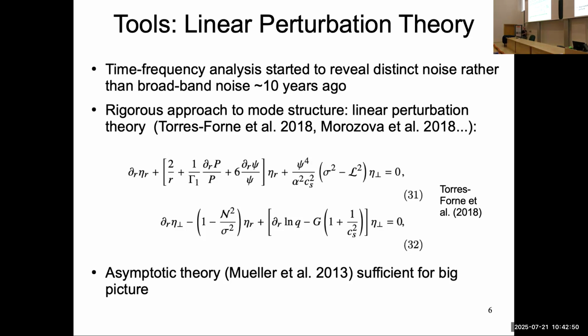That gives rise to coupled linear equations for the radial and transverse perturbative motions of the fluid, which leads to an eigenvalue problem, and then you can solve that eigenvalue problem. It will result in a discrete spectrum of eigenvalues, and that is something that you can then match to the structures that you're seeing in the spectrograms, and that will tell you about the nature of the underlying oscillation modes.